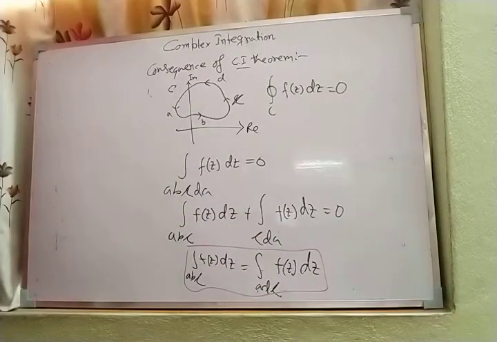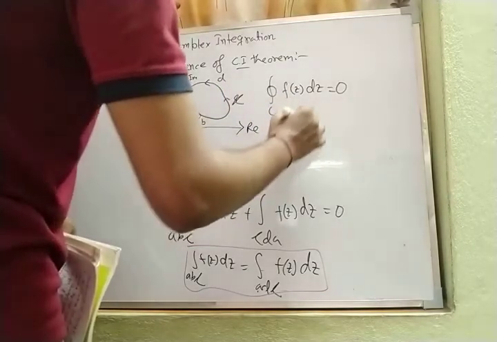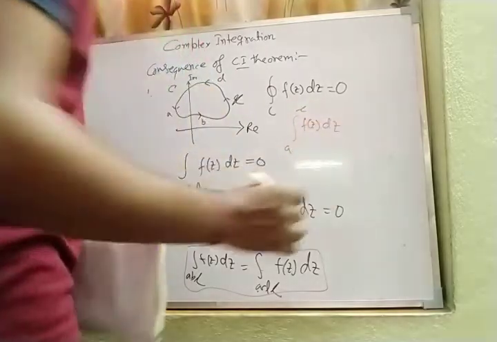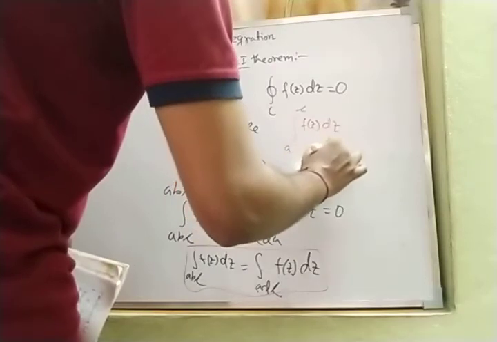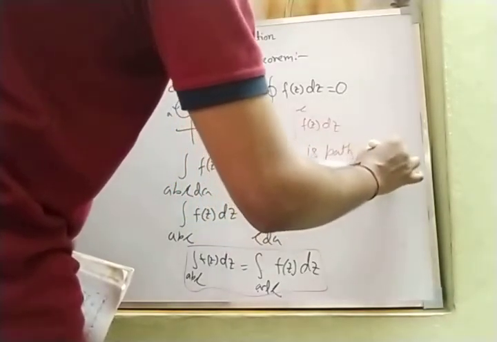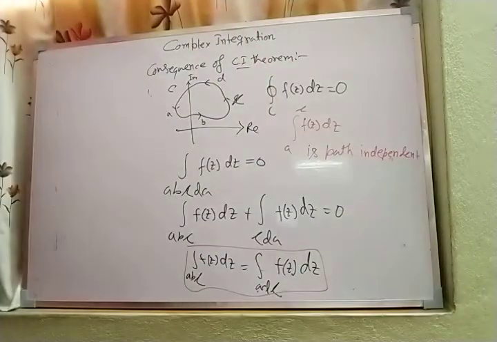So the integration from A to C of f of z dz is path independent.